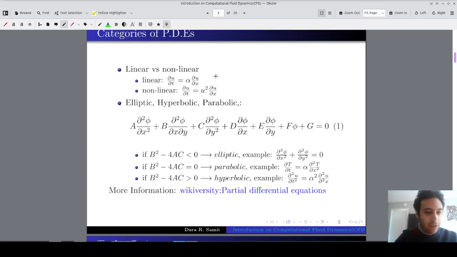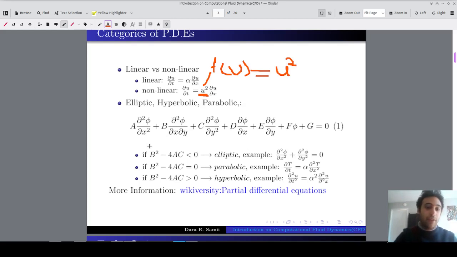For example, in the linear equation, alpha is just a constant, a number. No variation, no dependence on u. In this nonlinear part, we see a term that contains u. For example, this is a f of u, and u here is u squared. This is the first categorization we need to make.